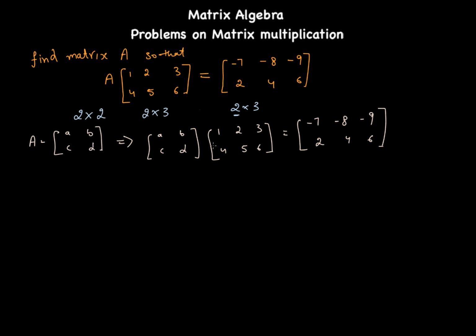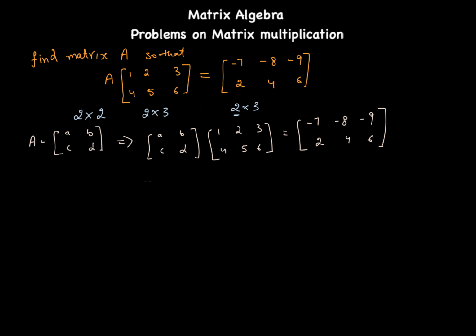Now we're going to multiply the left hand side, compare the corresponding elements, and find the values of the missing elements a, b, c and d. When multiplying, the number of columns of the first matrix needs to equal the number of rows of the second matrix, which it does. So let's do the multiplication.